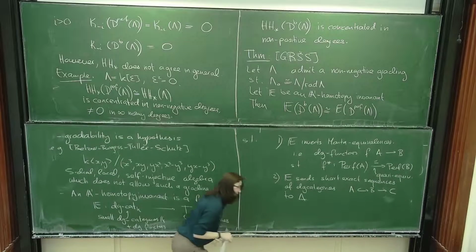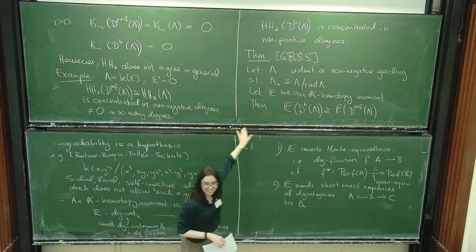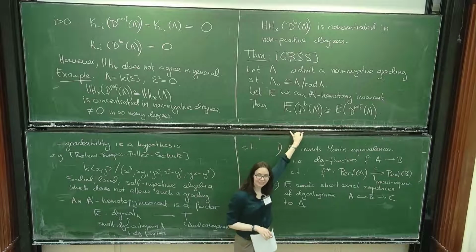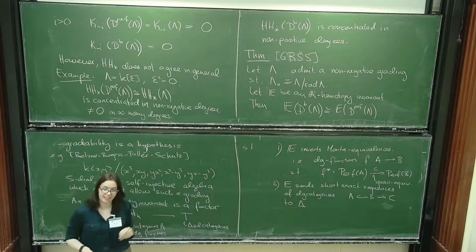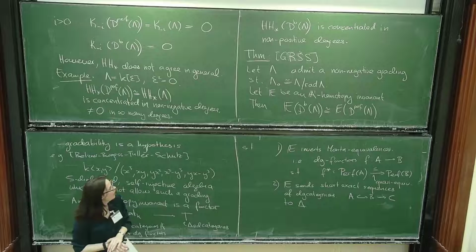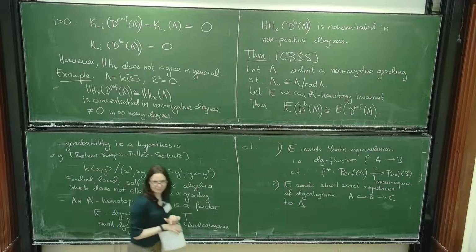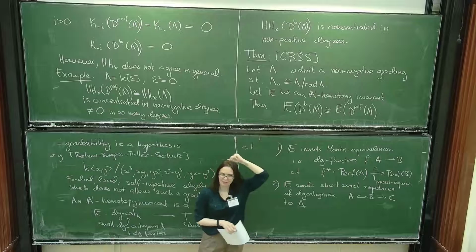I have planned this today as that being the result, and I can from that, as an application, say something about the singularity category. But it's not equivalent. Well, if you want, it is equivalent. I could just have added some stuff to that theorem and included a statement about the singularity.